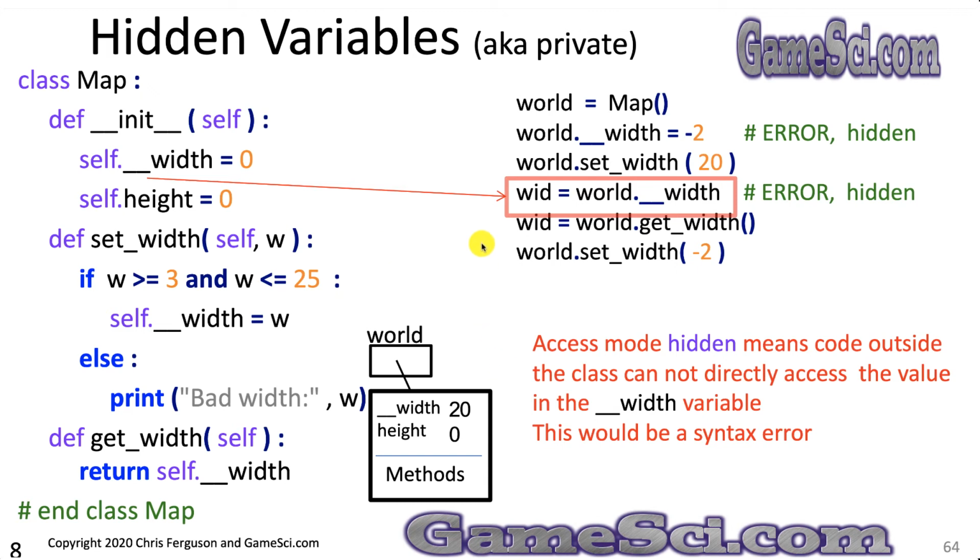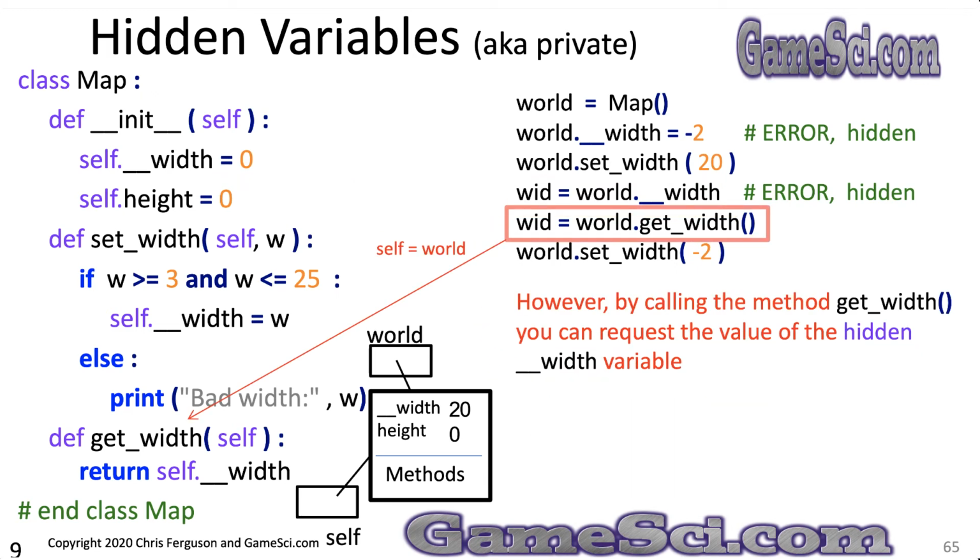Now, how do I fix that line of code? By calling a get method. Instead of directly accessing the width variable, I will go to the world object reference, call the getWidth method, and ask it to return the width of this map. When I call a method using the world reference, self will be assigned the value of the world reference. What will happen here is, you know that object the world is referencing right there?